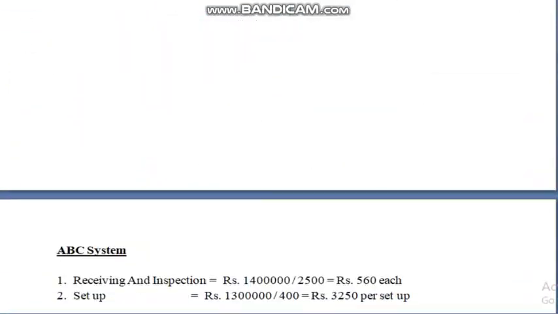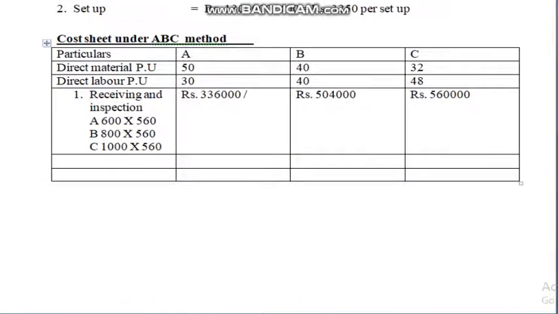So divided by 10,000, 20,000 and 30,000 units, you will get the cost per unit.